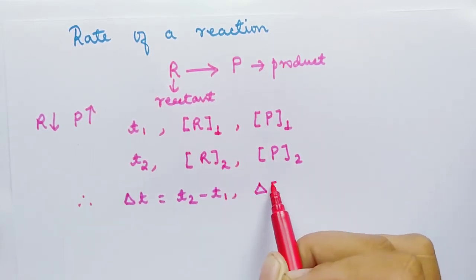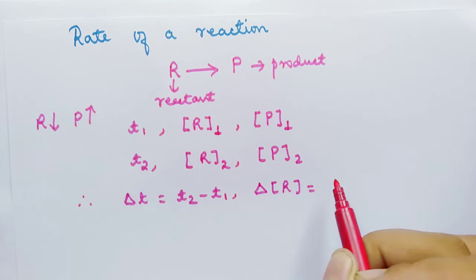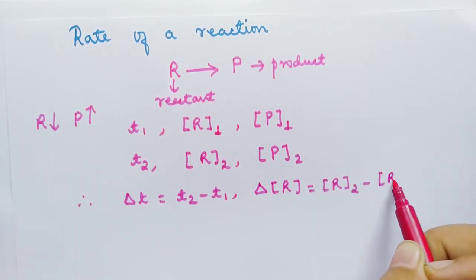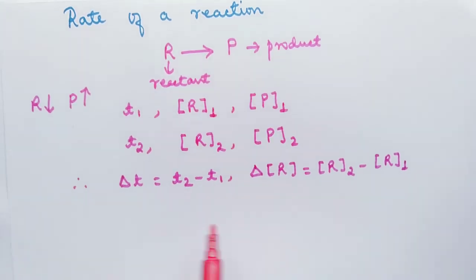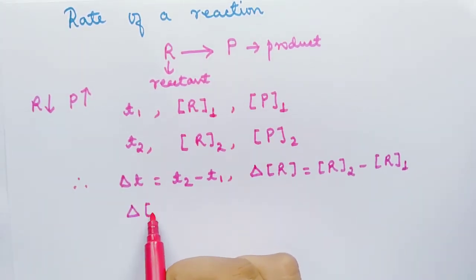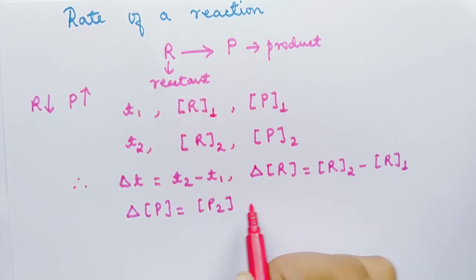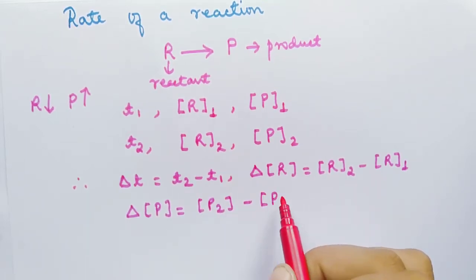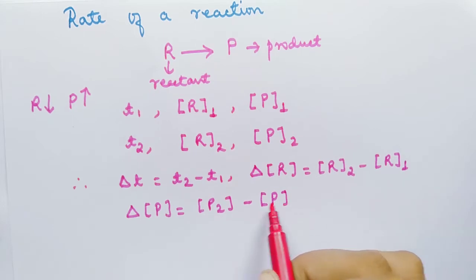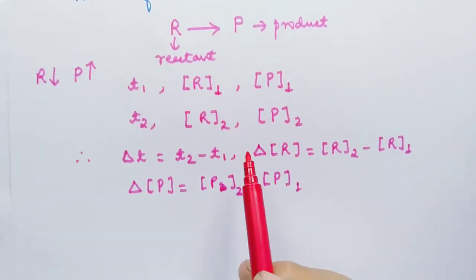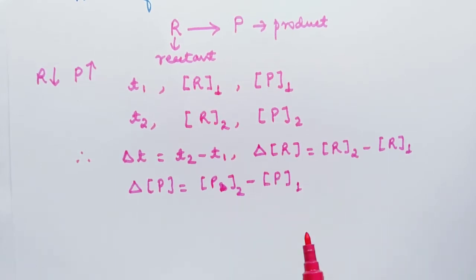Change in the concentration of the reactant, R2 minus R1. And change in the concentration of the product, P2 minus P1. Okay, the square bracket means the concentration.